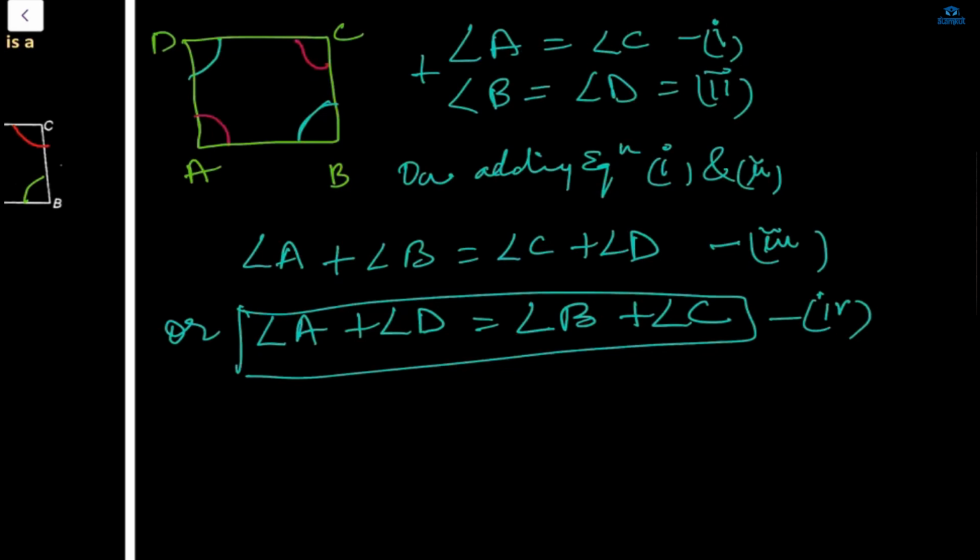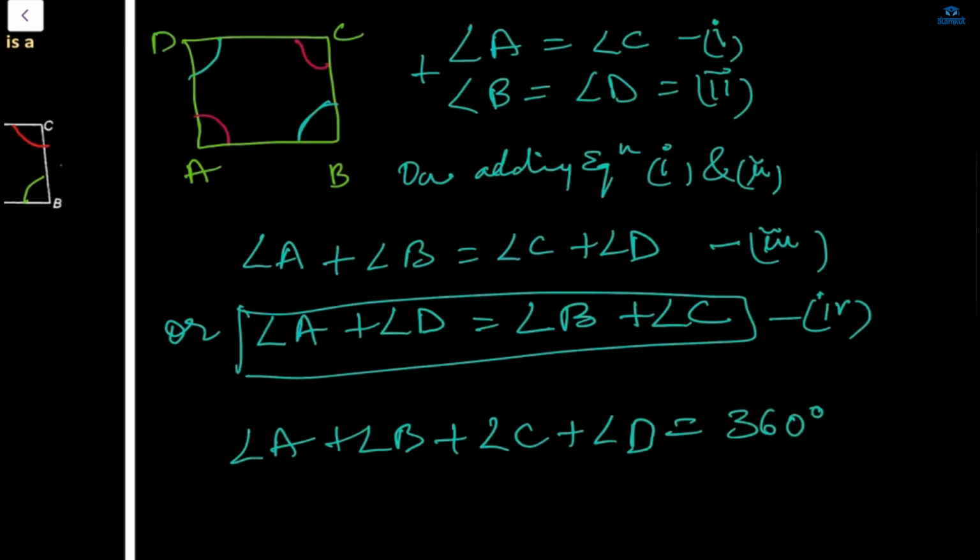Now we have to prove that the lines are parallel. We have seen that angle A plus angle B is equal to angle C plus angle D. But we know from the angle sum property that angle A plus angle B plus angle C plus angle D is equal to 360 degrees. Yes or no?